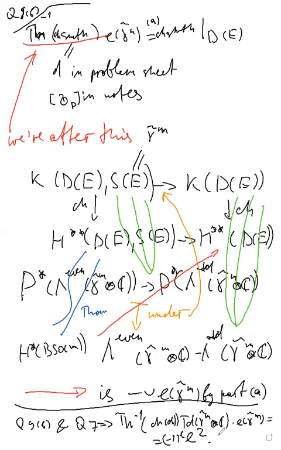Now, the cohomology ring has no zero divisors. We take both hand sides of this formula and divide by the Euler class, and we get the formula we're after in question 10.